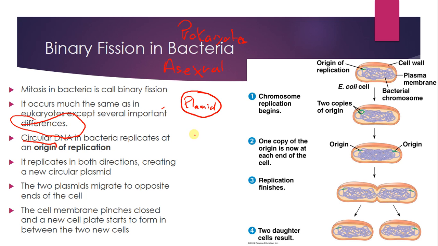What happens is a small bubble forms in that plasmid. This is going to be our origin of replication. And the DNA is going to start replicating in both directions and separating it into, let's see if I can draw this.